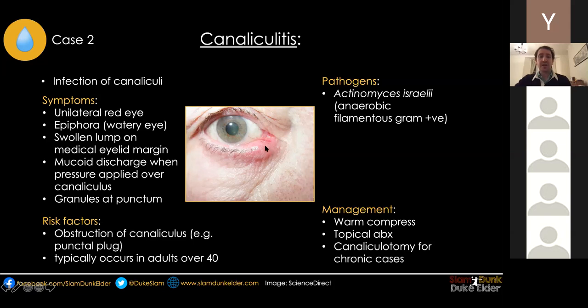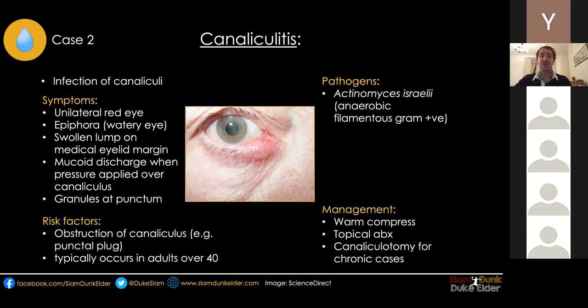You get a unilateral presentation of this, associated with a watery eye, because you're not draining your tears and not being able to flush them all through. So you're getting watery eyes, a swollen lump, and the infection can cause some mucoid discharge.